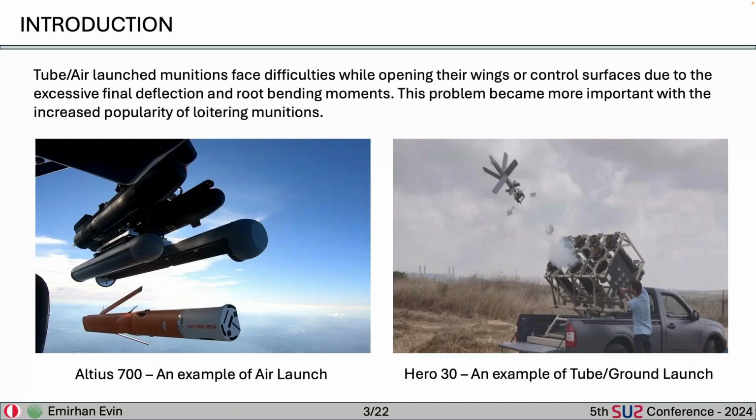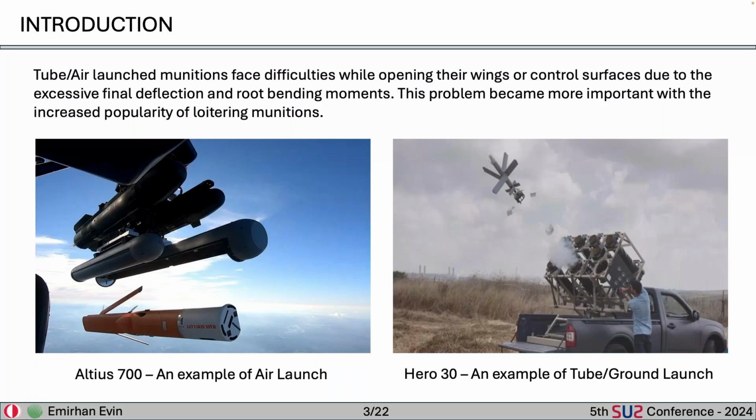Here we will see that tube or air-launched munitions have difficulties while moving their wings or control surfaces after the launch because they need to overcome the drag force, and the final deflection or bending moments must be low so that the friction drag on the mechanism doesn't increase.